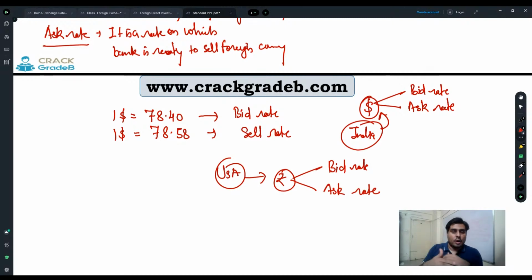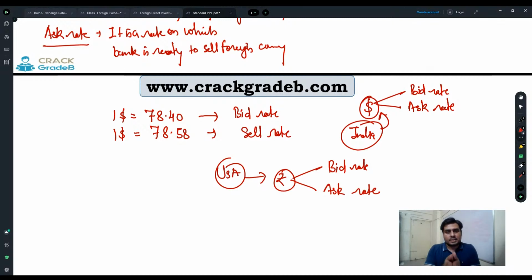According to those reasons, you are going to purchase the dollar. Similarly, some Americans are interested in purchasing the Indian rupee, right? So dollars are available in the Indian market. Some people are selling these dollars here, and some people are also selling in the United States of America.